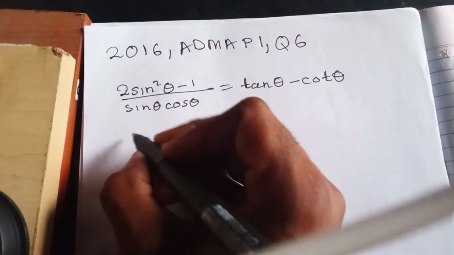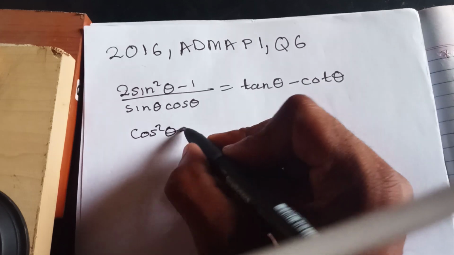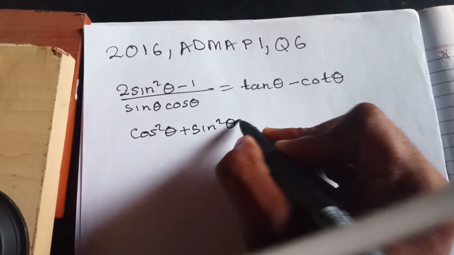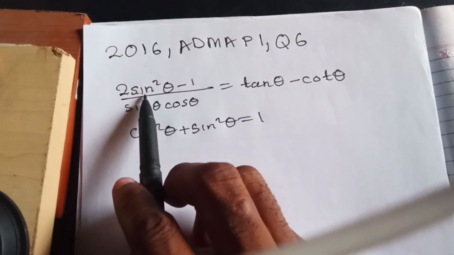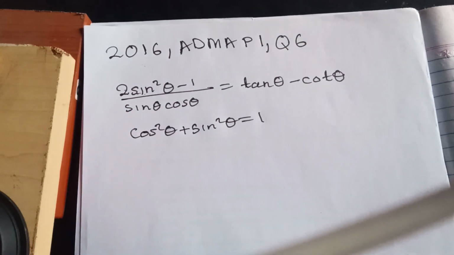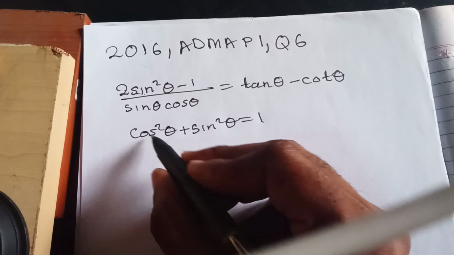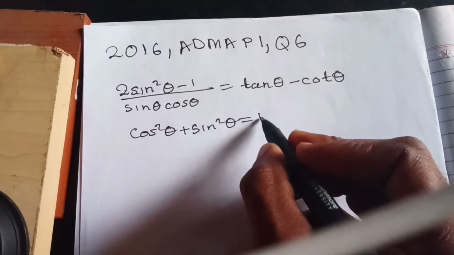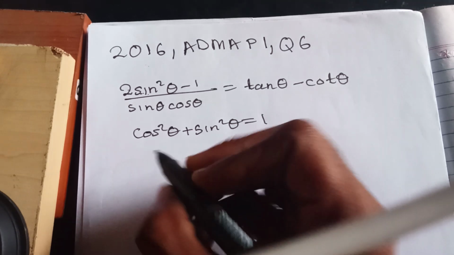I want to use this identity, cos squared theta plus sine squared theta is equal to 1. And then I want to have an expression for 1 minus sine squared theta. So now to do that, I can just take the cosine to the other side and the sine this side.